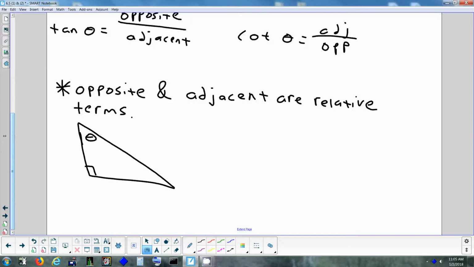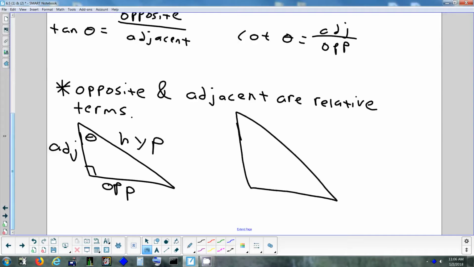If you said, you're going to look at it from that perspective, now I can tell you that's opposite because it's the side that's furthest away, and adjacent is always the side that's right next to it. Hypotenuse, I could answer just by knowing where the 90 is. Hypotenuse is always across from the 90.